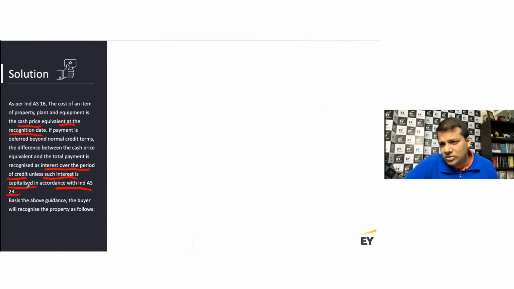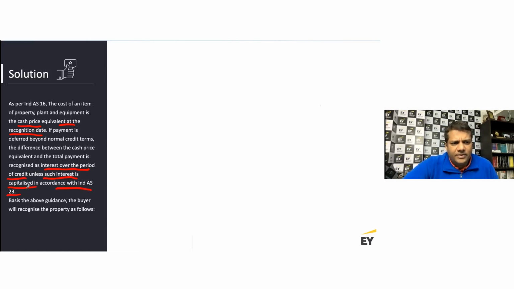So this interest is also possibly eligible for capitalization, but may not be in relation to this asset, but maybe in relation to some other capex, because that has to be a qualifying asset. And we don't have enough information here which makes us believe that this is a qualifying asset.